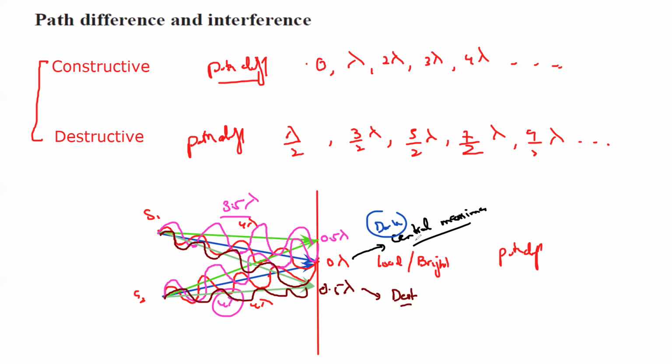So why do we call this the central maxima? Because this is the point where we have a maximum with a path difference of 0, and as we move up, the path difference starts to change.